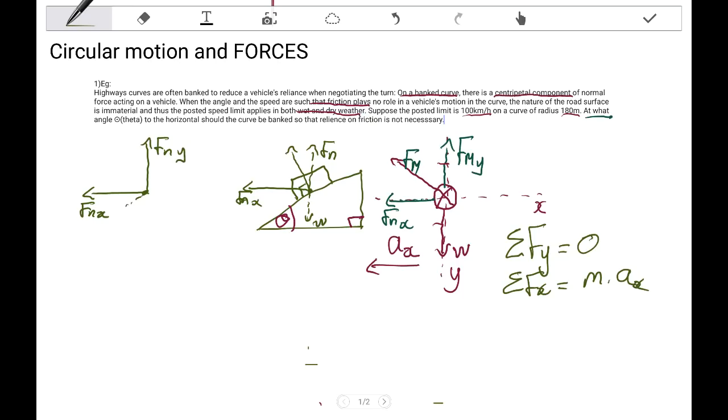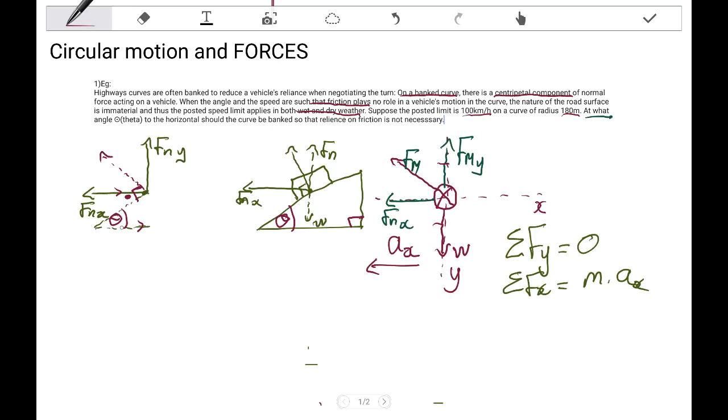Remember that I still have my surface here, and I have this angle here as theta. So this angle is equal to that because these two lines are parallel. Also this angle here is theta. And then I have the normal force, which makes 90 degrees with the surface.